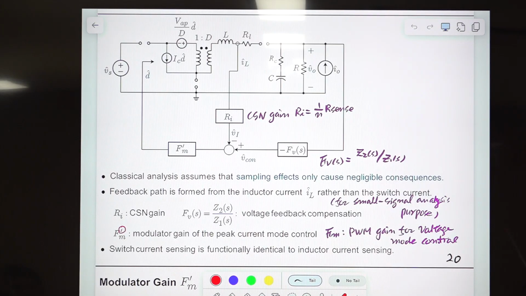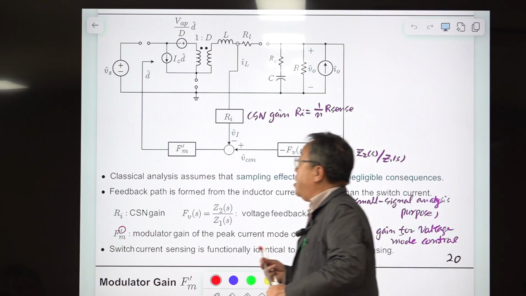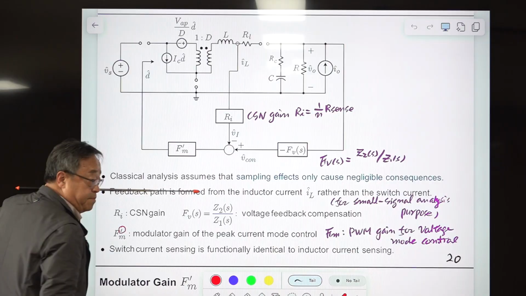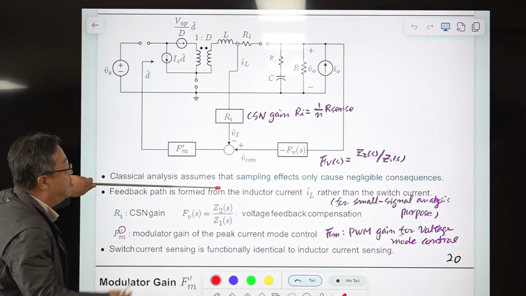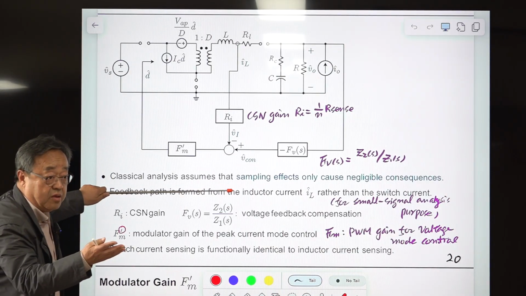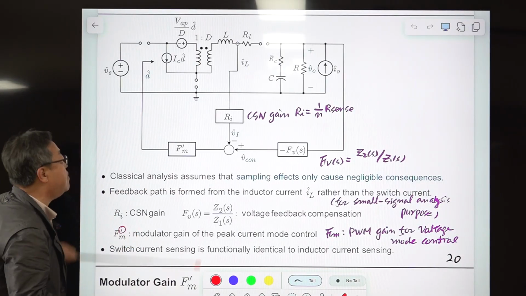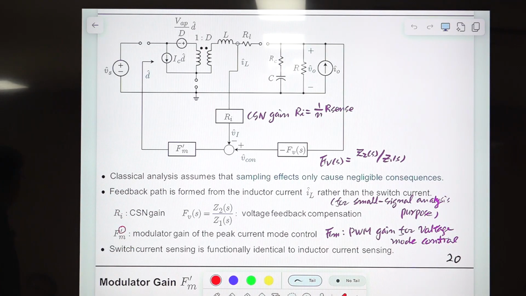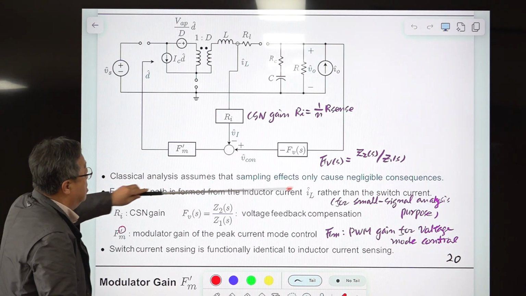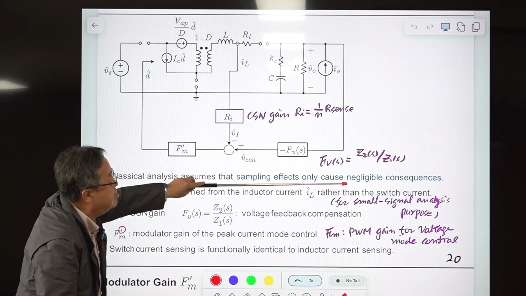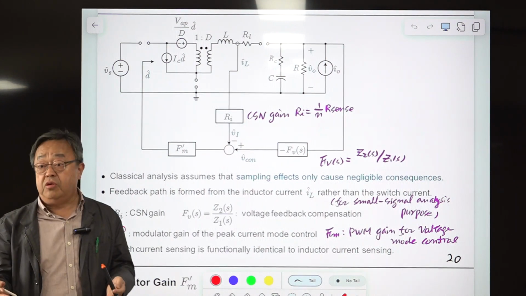Okay, and that analysis, I call it classical analysis. And the analysis after that, there is just some special event in between, and after that, analysis is called analysis and design of current mode control. Okay, so this classical analysis indicates this sampling effect is totally ignored.